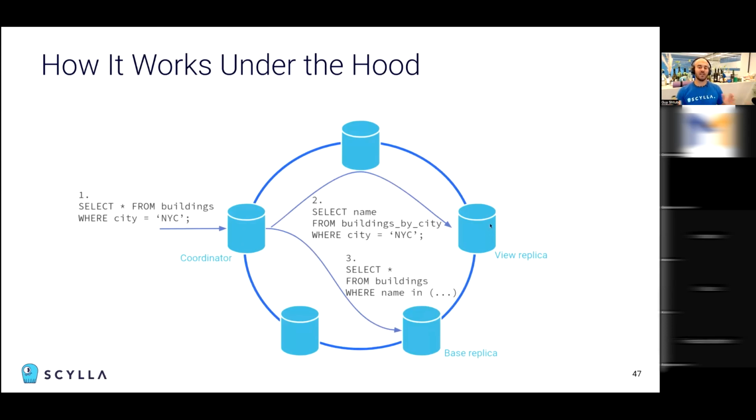So there's basically a table with the index and the partition key. According to the given index, it would find the partition key, and then it would do an extra query using that partition key that it found. It would query the base replica to actually find the data that we're looking for.